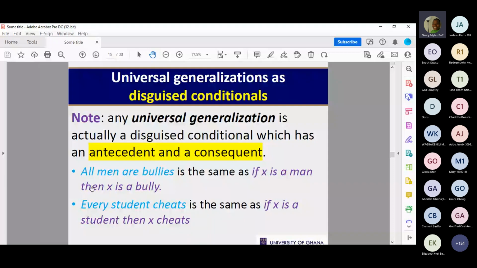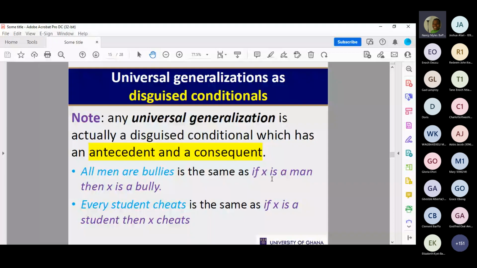I'm saying that if I gave you all men are bullies, it's a universal generalization. Okay? You can work with it easily when you open it out and reveal the part of it. Show that it is a conditional. Conditional means it is a statement that comes in the form if so and so, then so and so. That's the nature of the statement, but it comes covered and hidden.